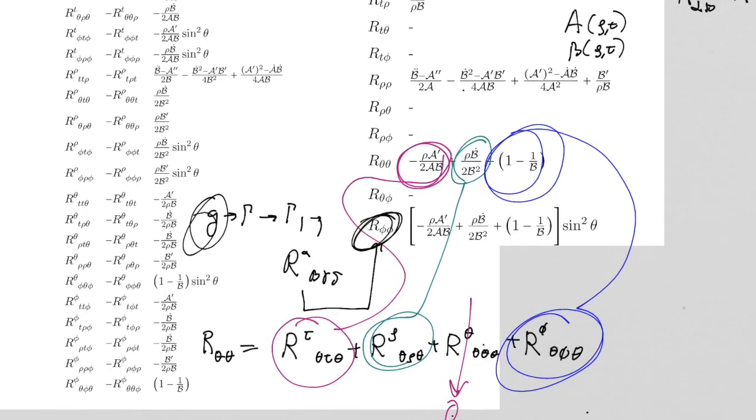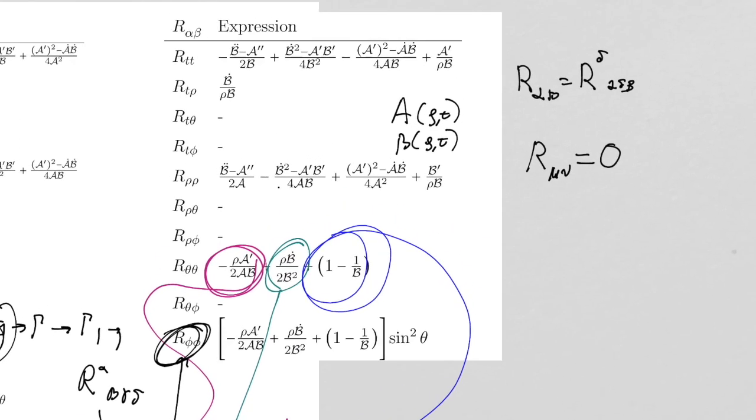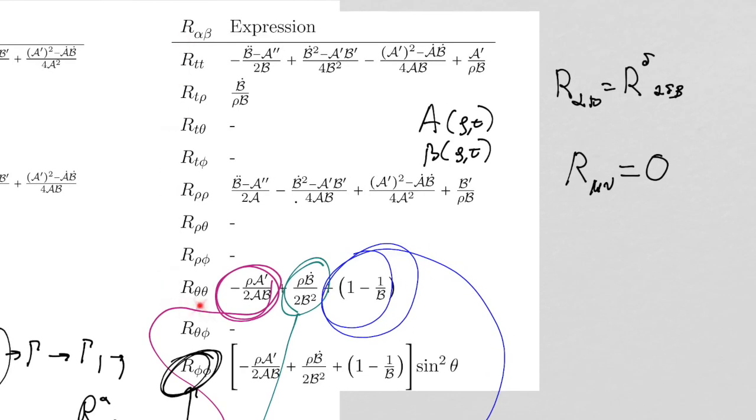And the reason it ends right here is because now we have our physics, because we know that R mu nu equals 0. So every one of these has to equal 0, which means I've got a differential equation for A and B in each instance.